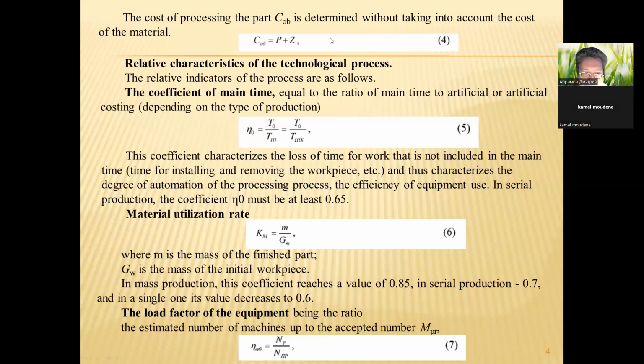In serial production, the coefficient nu must be at least 0.65. Material utilization rate. It's formula 6, where small m is the mass of the finished part.